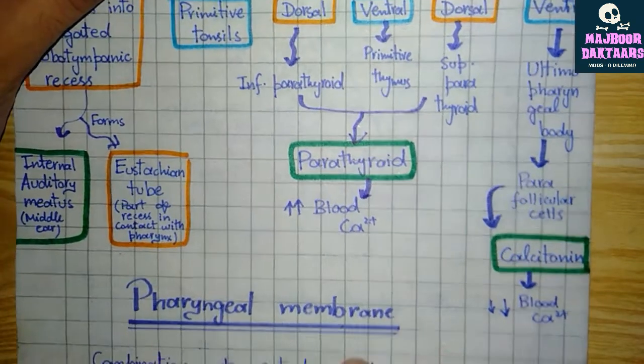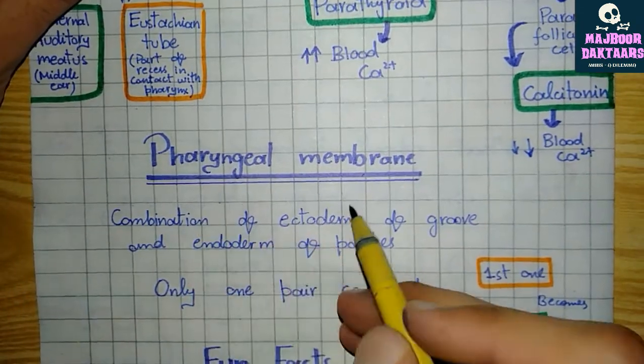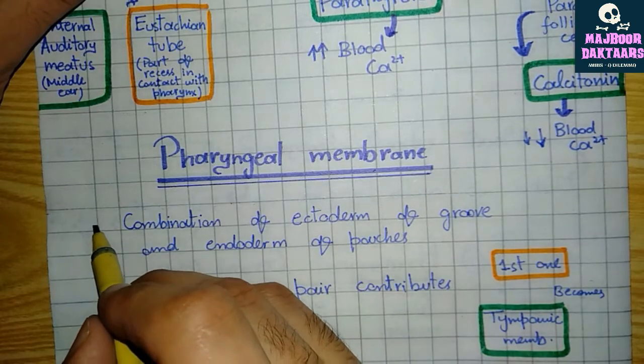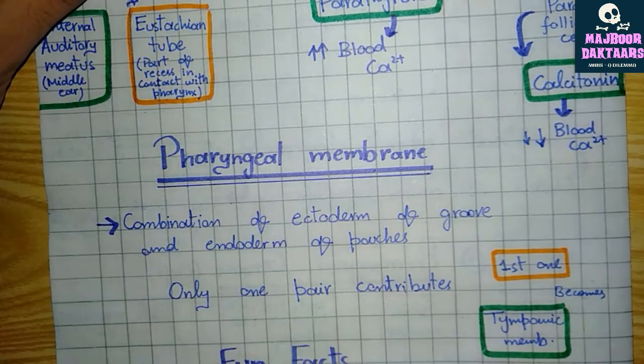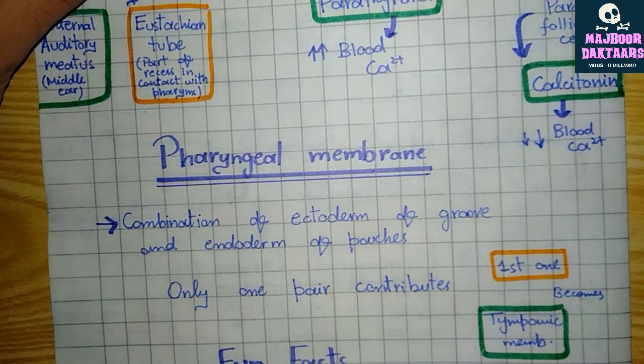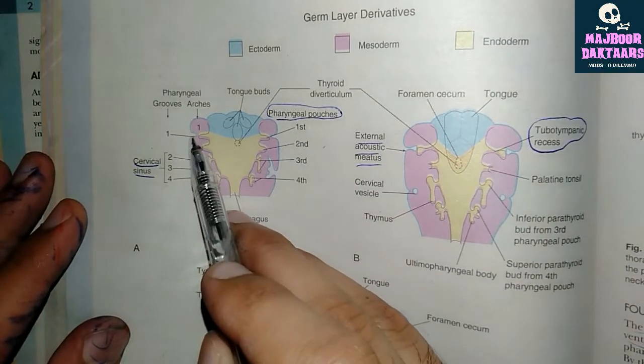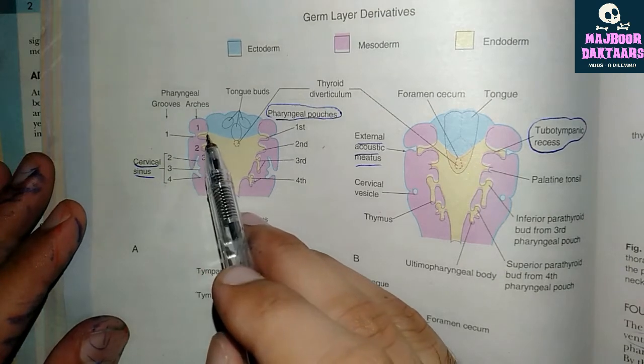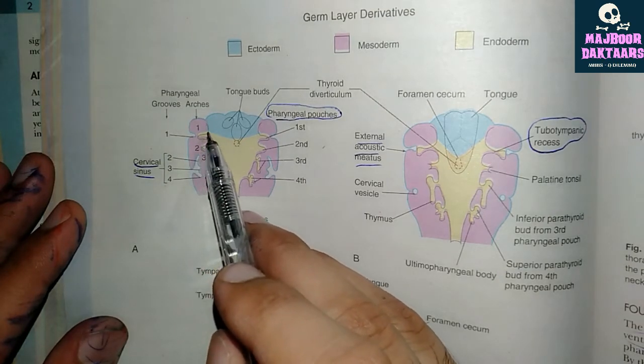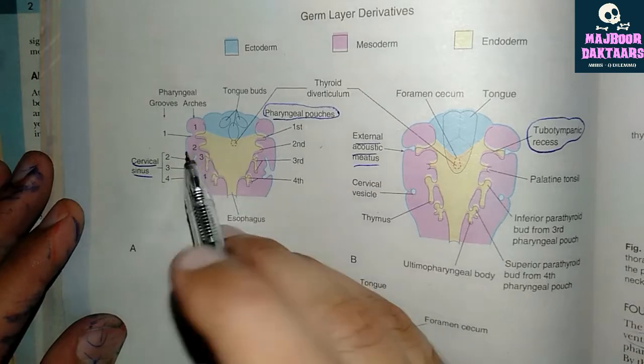Now, talking about the pharyngeal membrane. The pharyngeal membrane is a combination of the ectoderm of the groove and the endoderm of the pouches. So here, as you know, the grooves are depressions from outside, while the pouches are elevations from the inside, endoderm.